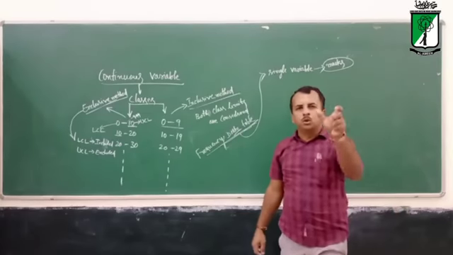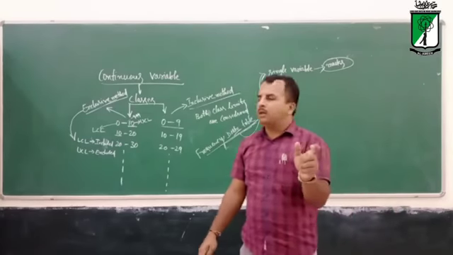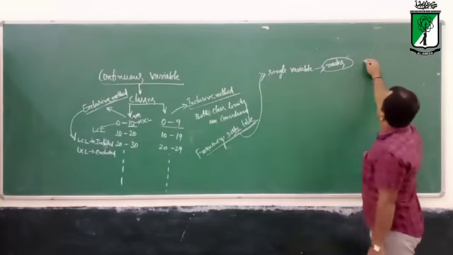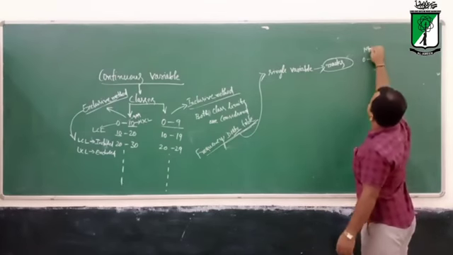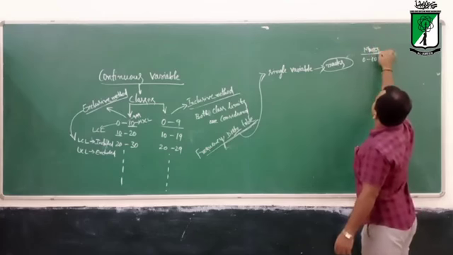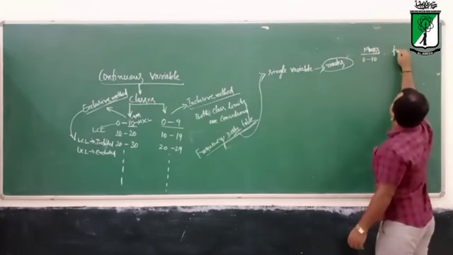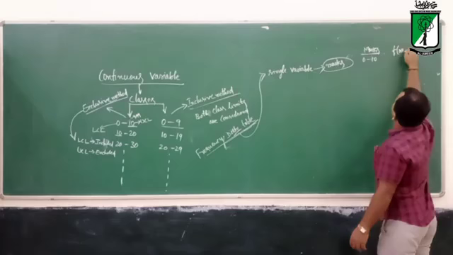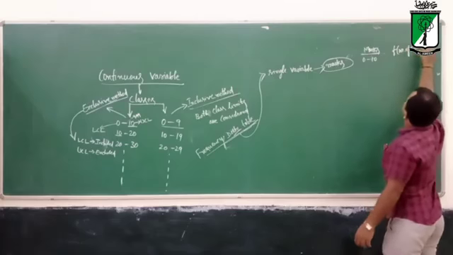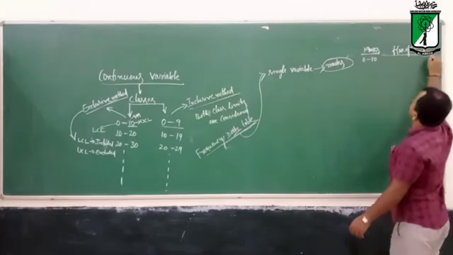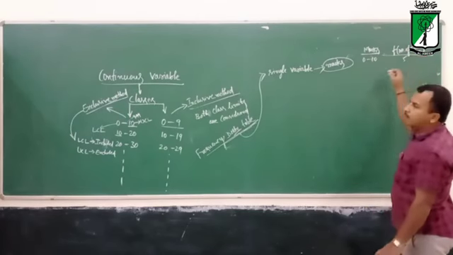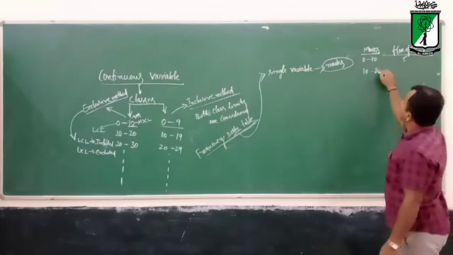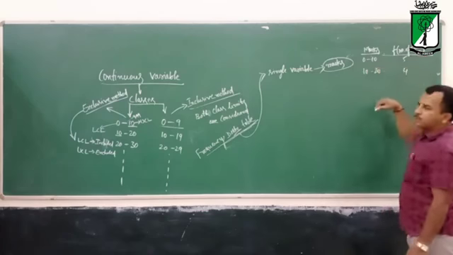Considering only marks, we may write 0 to 10, how many students. This is the marks range, and the frequency is nothing but the number of students. So 0 to 10, how many scored? 5 students.